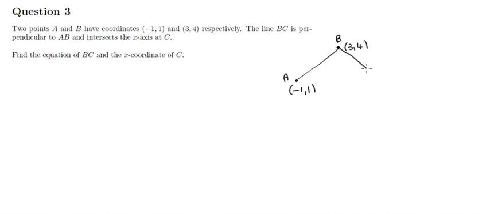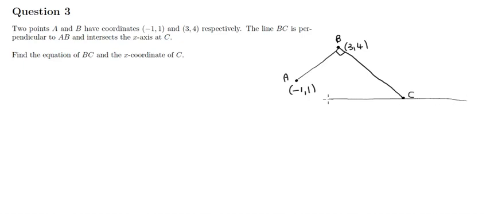So BC is perpendicular to AB. So notice B is the point in which we have this perpendicular line, and C is where this line hits the x-axis. So we could have the x-axis coming in like this.